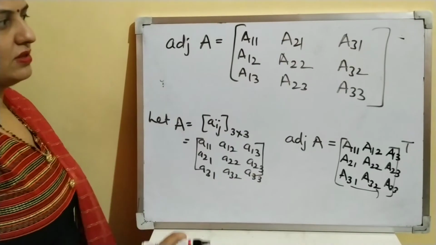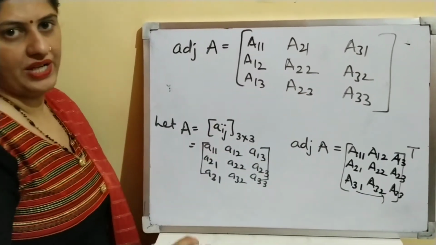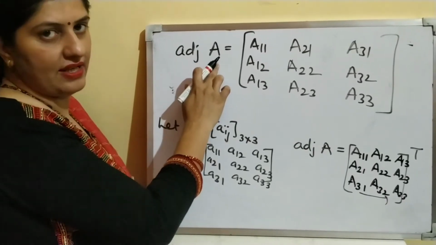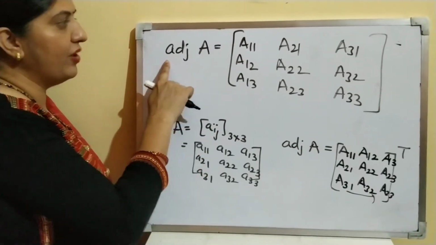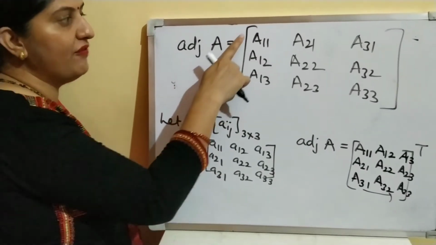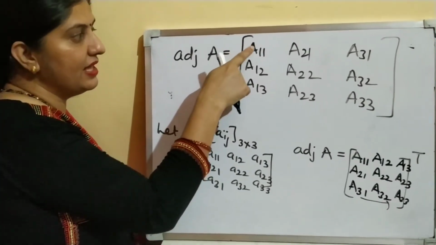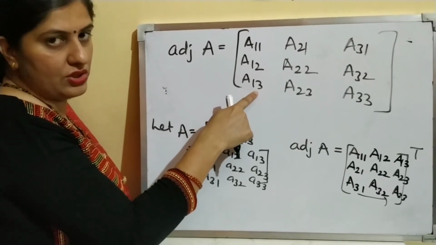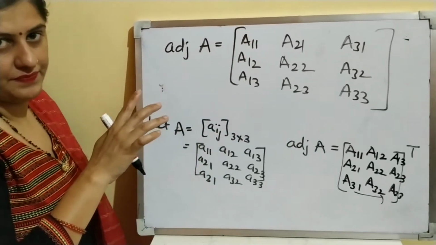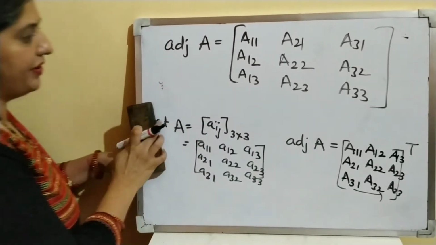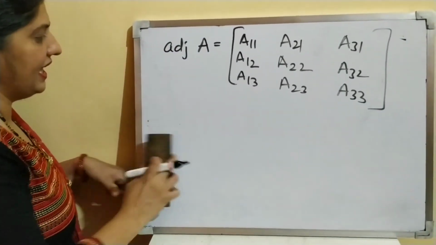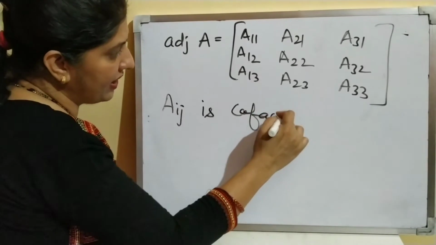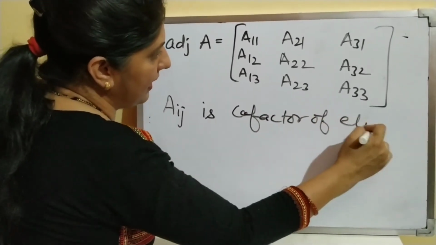The matrix formed in this way is known as adjoint of matrix A. Remember, for adjoint of a matrix, you have to write elements in the way capital A11, capital A12, capital A13. Remember this.